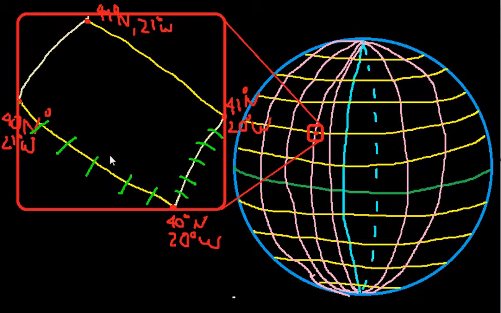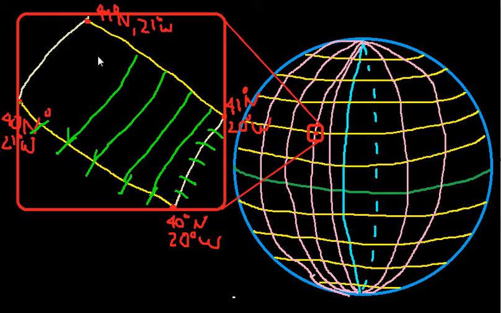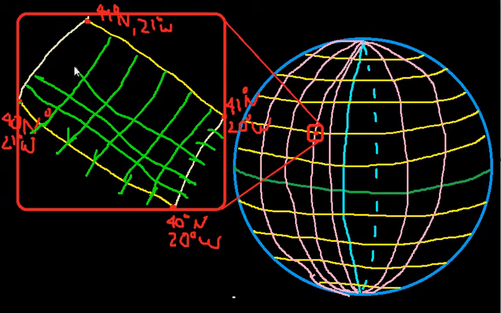So how does this help us? Well, we can make a finer grid and get the position of the points within this 1 degree of latitude and longitude.